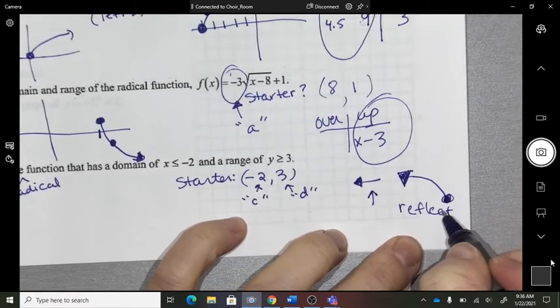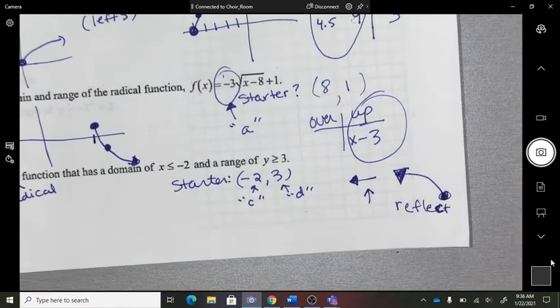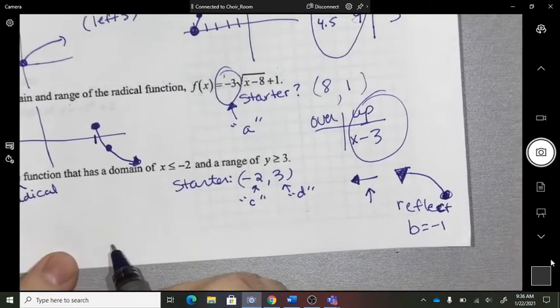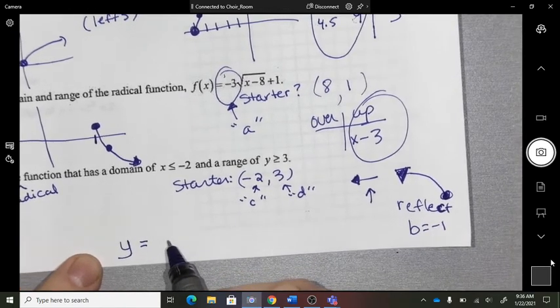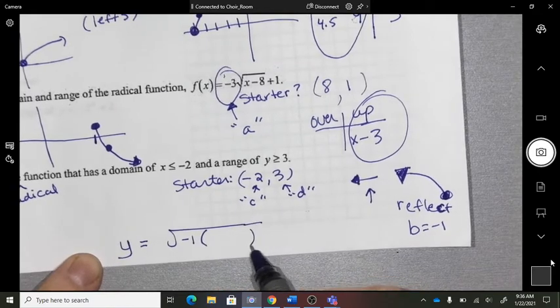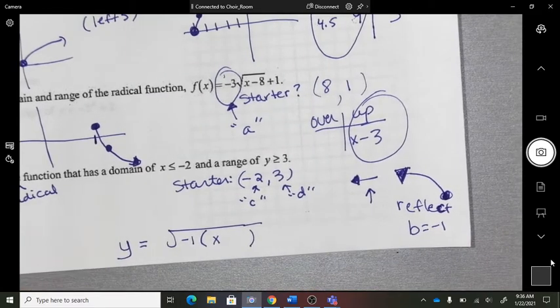So now you have to decide what kind of reflect was it. Are you going to be on your B or A or B reflected? What kind of reflection is that? It's a B. You have to factor out, if you have any B, it has to get factored out.